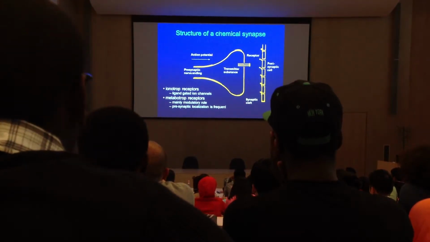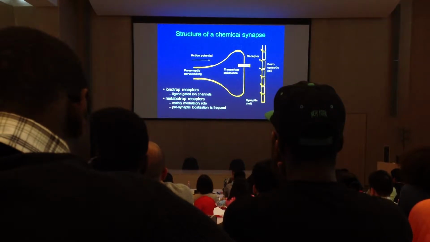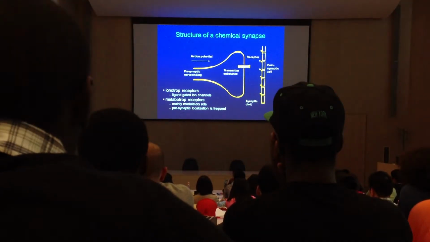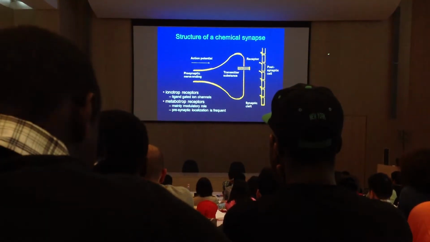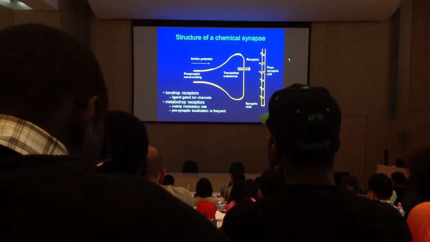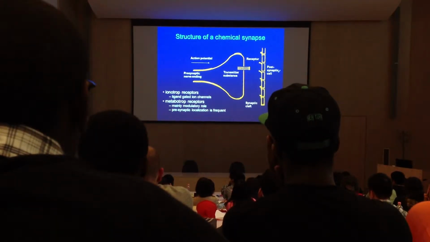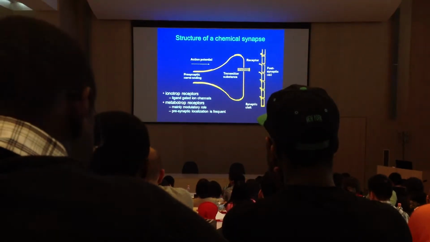That is, the information will never go from the postsynaptic cell to the presynaptic cell in the synapse. There is no neurotransmitter here, and there are no receptors here to detect this non-existing neurotransmitter.